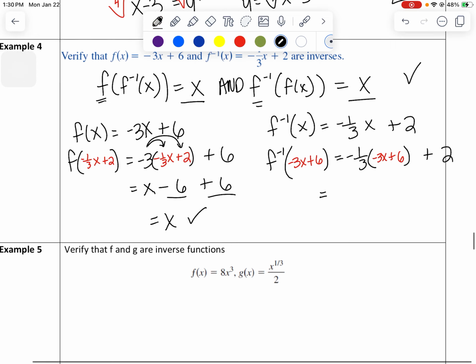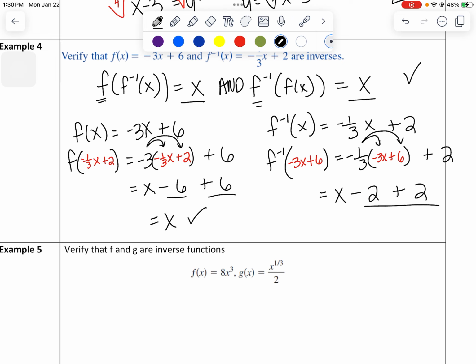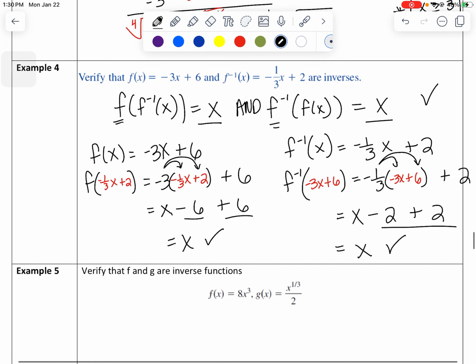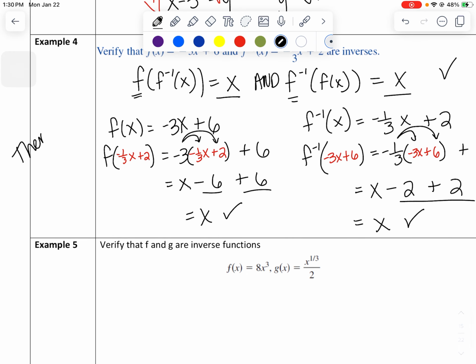Then applying the distributive property again, negative 1/3 times negative 3 is 1x, negative 1/3 times 6 is negative 2, plus 2, and these simplify to 0. So it does in fact simplify down to just x. They both equal x, so we can say, therefore, they are inverses.